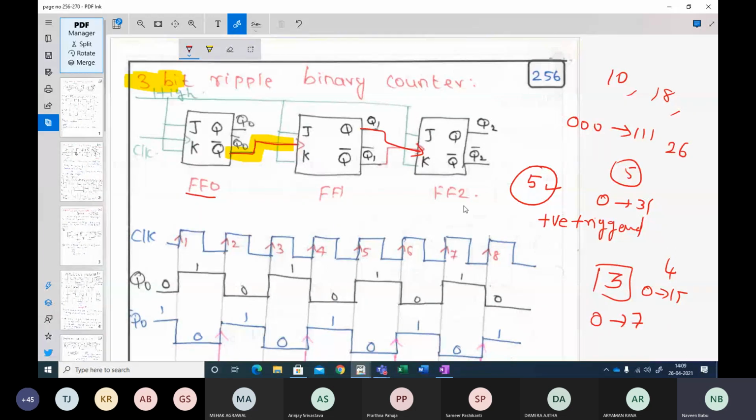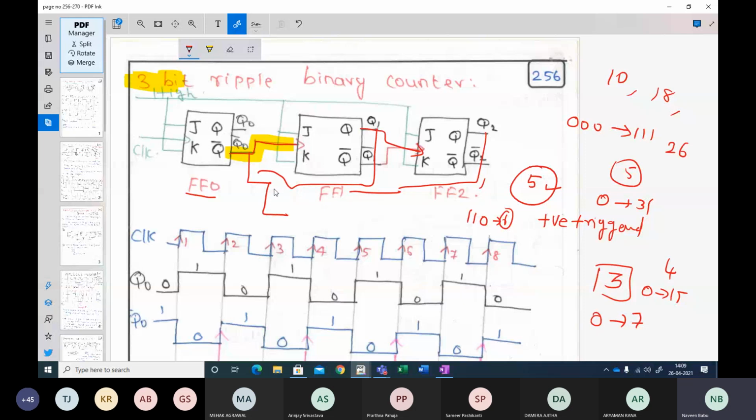How do you do that? Whenever you want to count only till 5, and whenever you are counting 6, it must reset. That's the logic. So when will you have 6? 6 corresponds to 1, 1, 0, which means that your Q2 is 1 and Q1 is 1 and Q0 will be 0.